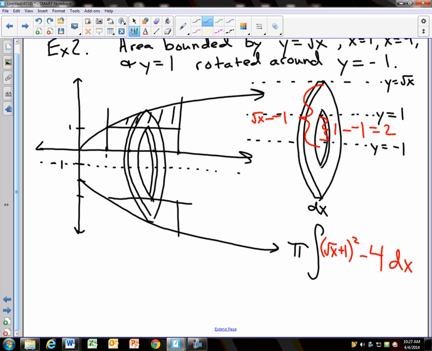The bounds. When you look at the area, if you were to integrate the area, where would you start? 1 to 4, right? That's the same. Whatever you would use to calculate the area is going to be the same as what you would do for the volume. So we're going to go from 1 to 4.